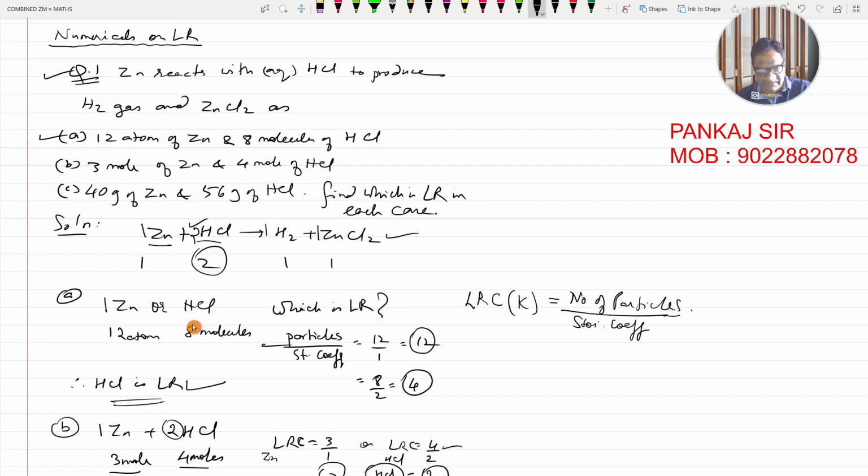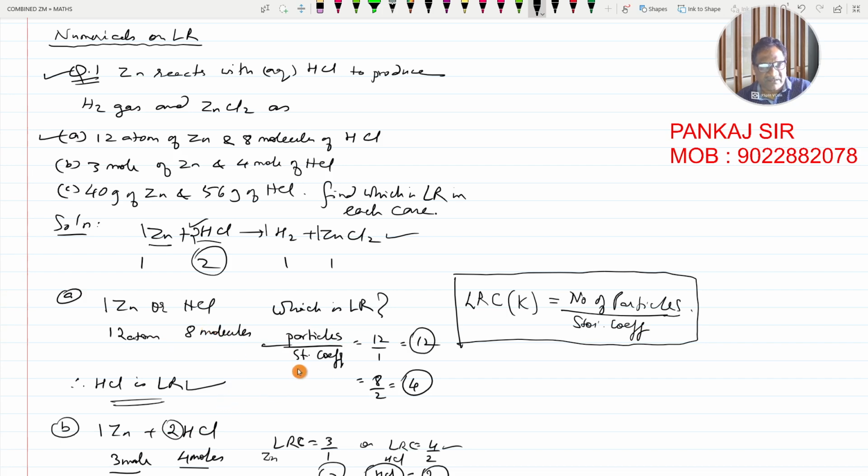To decide, we will need this particular formula: limiting reactant constant K is equal to number of particles divided by stoichiometric coefficient.